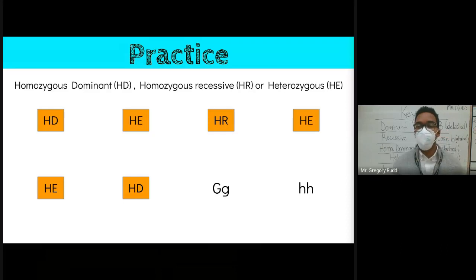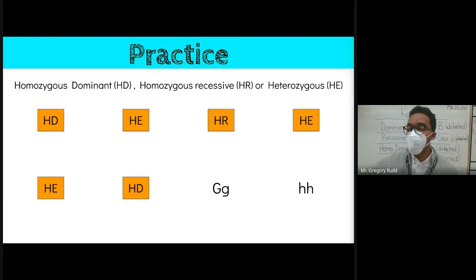Okay, what about the next one? Gloria, do you think you could do this next one? What questions do you have? Okay. So look at the letters. Do you see them? G G. Are they the same or are they different? They're different.